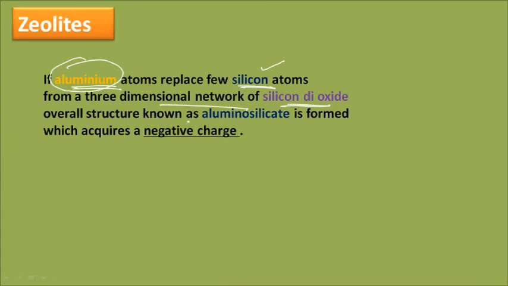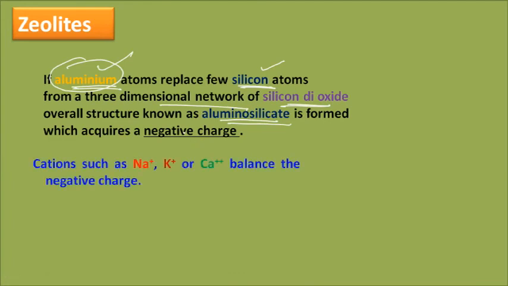So overall structure அந்த மாதிரி சிலிக்கானை ரிமூவ் பண்ணி அலுமினியத்தை ஆட் பண்ணும்போது அந்த ஸ்ட்ரக்சர் நம்ம அலுமினியம் சிலிகேட்னு ஃபார்ம் பண்ணும். That aluminum silicate will have a negative charge. And the negative charge வந்து இந்த Na plus, K plus or Ca2 plus வந்து balance பண்ணும். So this is actually what we are calling it as zeolite.